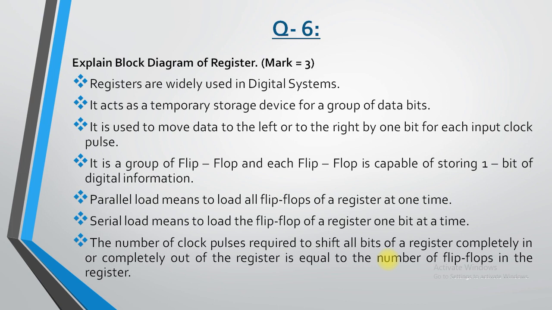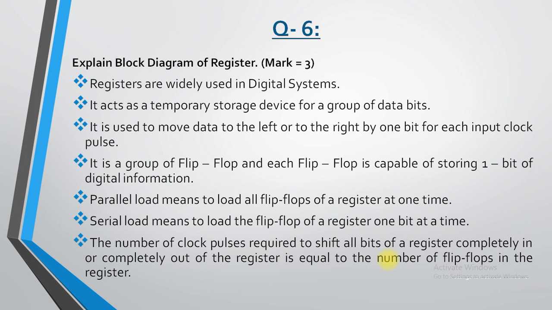Now there are two types of registers. One is called parallel load and the other is called serial load. Consider a routine life example in which you are entering the gate of our college. There are two ways in which you can enter. Number one, parallel load. Parallel load means the gate is opened and all the students enter at a time.